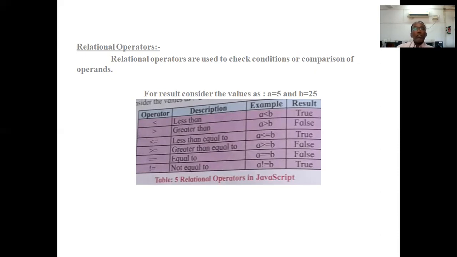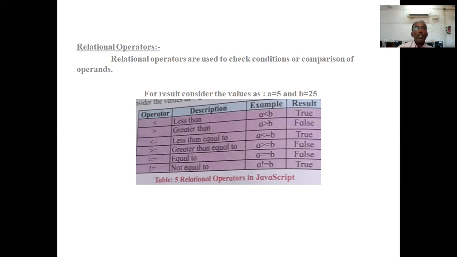Now the very first relational operator is less than. The less than symbol is used, description is less than. Greater than operator, the symbol is greater than, description is greater than.